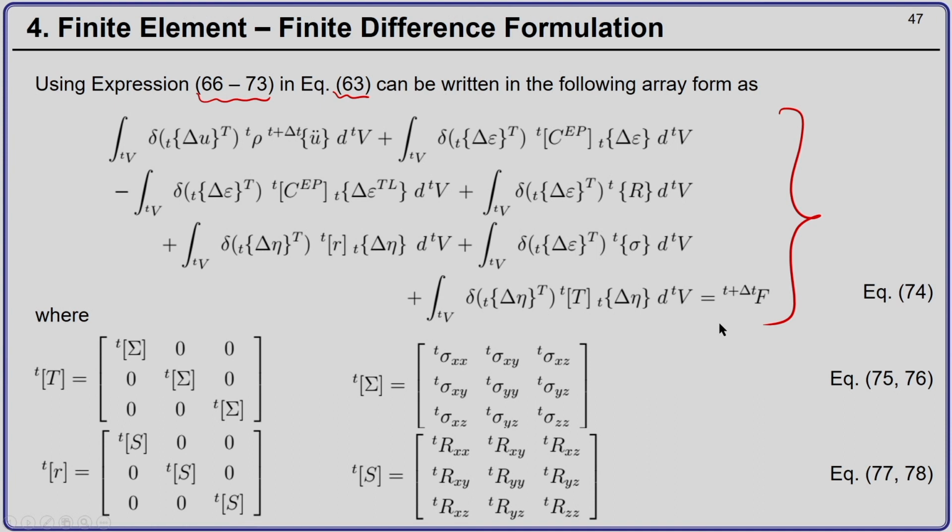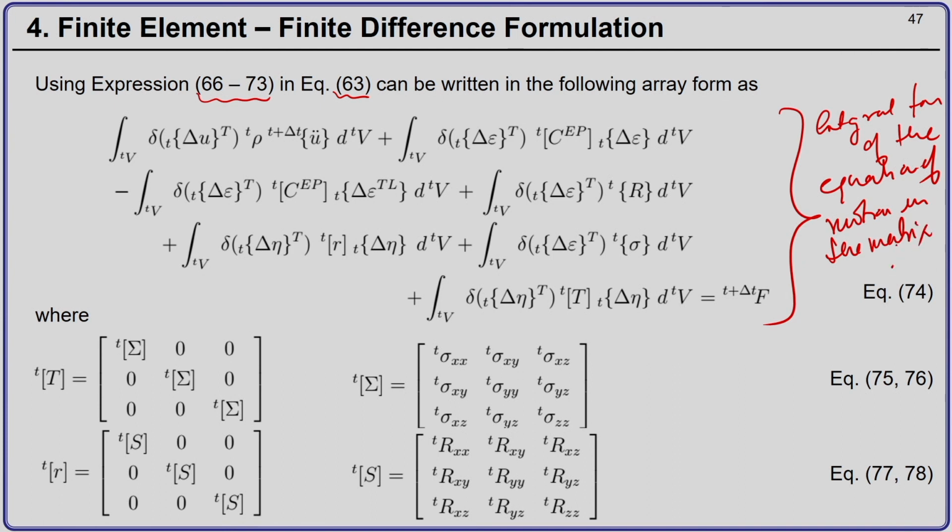So, the integral form of the equation of motion can be written in the matrix form. This is the integral form of the equation of motion in the matrix form.